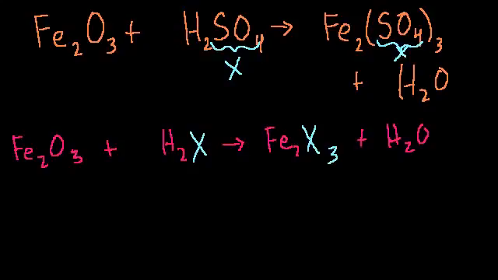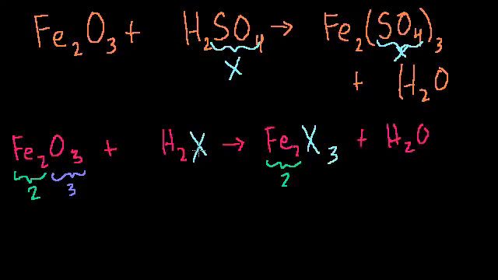So let's see. On the left-hand side, how many irons do we have? We have 2 irons here, 2 irons there. So the irons look balanced at first glance. Let's deal with the oxygens. We have 3 oxygens here, and we only have 1 oxygen here.